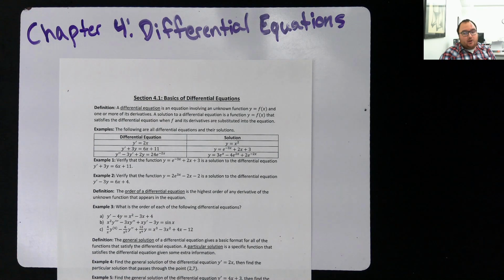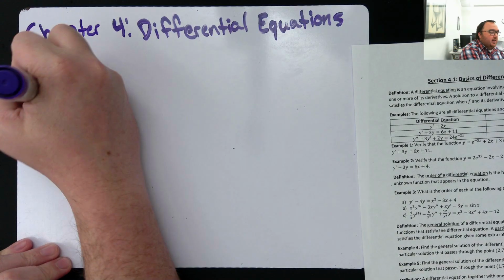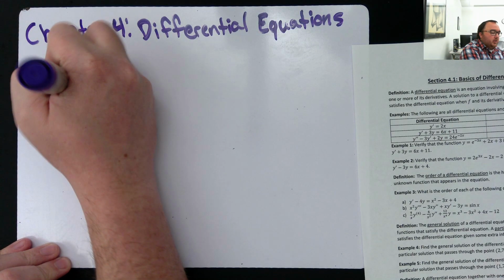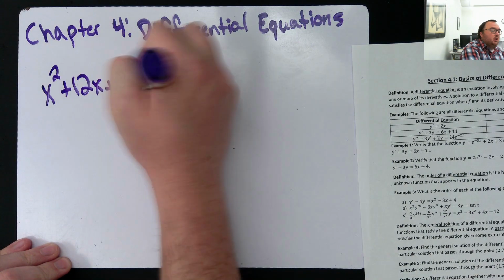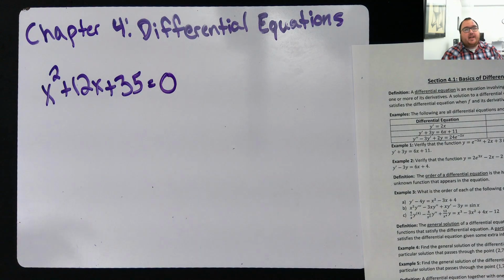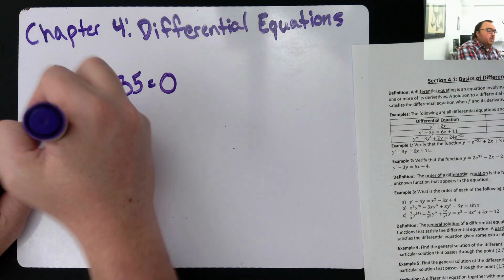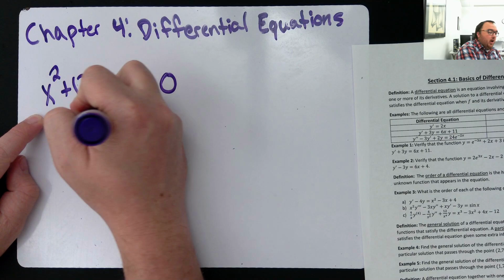So equations we have seen before have all been us trying to solve for an x, right? Like x squared plus 12x plus 35 is equal to 0. These are the equations we normally do, in which I'm solving for x and I get a number for x.